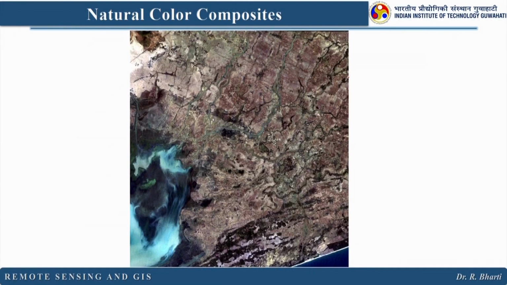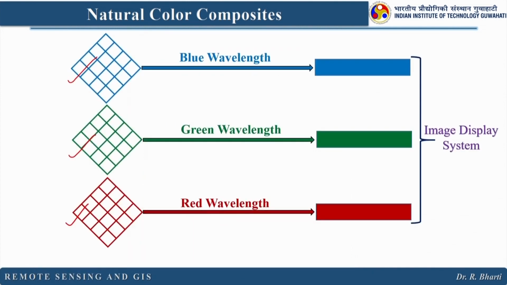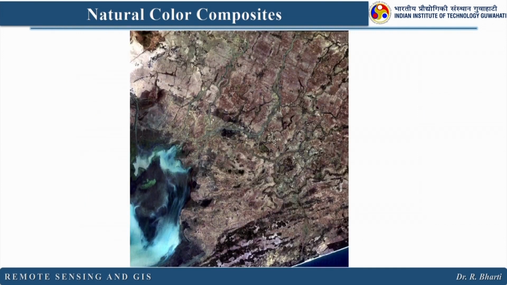So, if you see this image, it is very similar to how they appear on the ground with our eyes, right. So we can also see blue, green and red, and here also we are using blue, green and red. So that's why it will appear closer to how they appear on the ground with our eyes, right? But in the false color composite, what we did, we have included infrared bands.